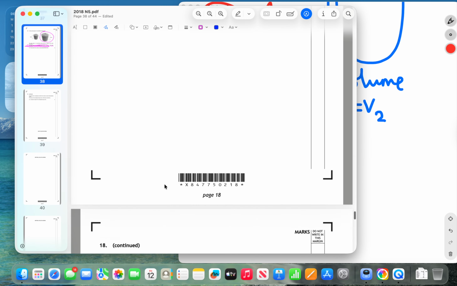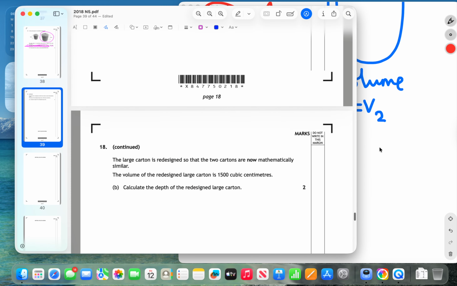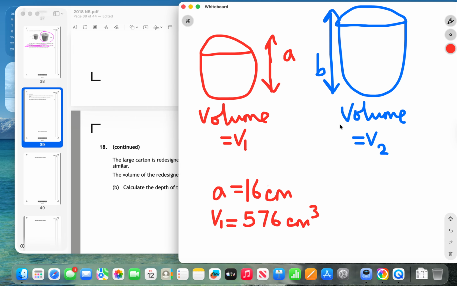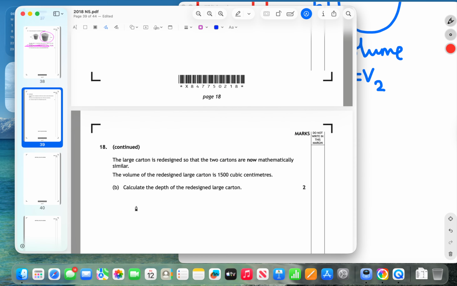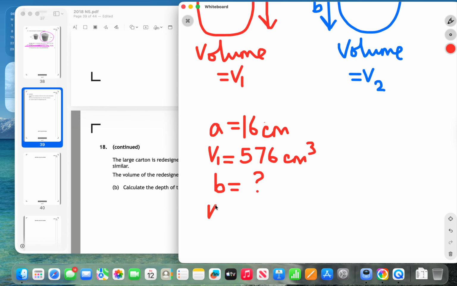We don't know B, but B is what we want to find out, is the depth of the large carton. And we're told that the new volume is 1,500 cubic centimetres.